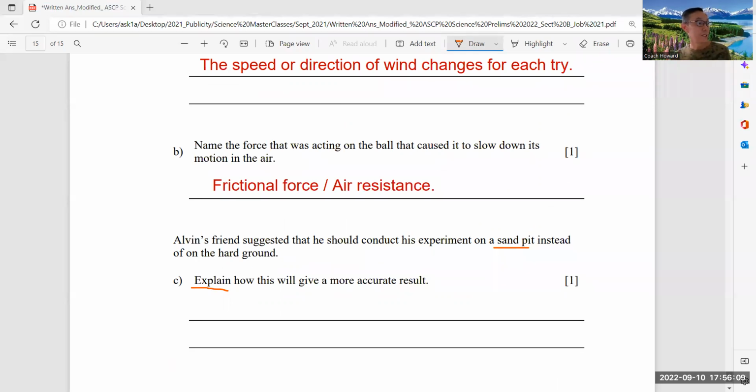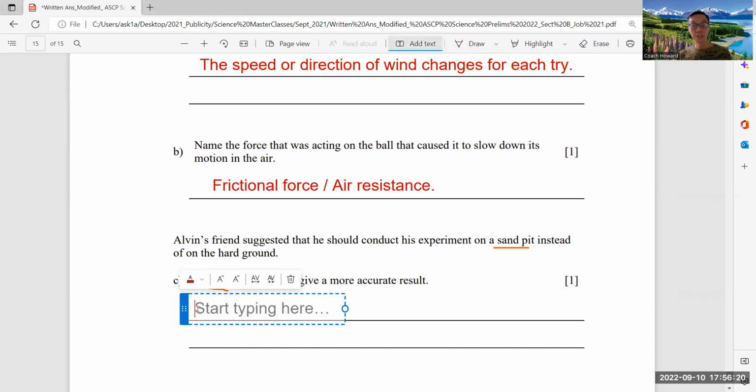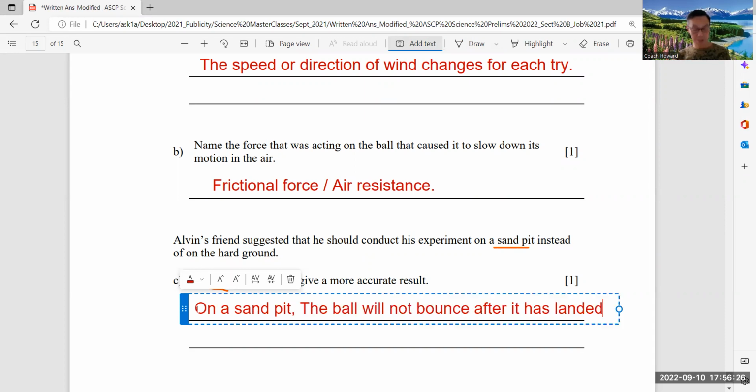So you say that on a sand pit, the ball will not bounce after it lands.